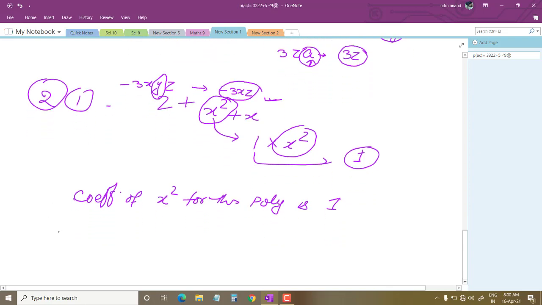Question number 2 is 2 minus x square plus x cube. Again we have to write the coefficient of x square in this polynomial. Firstly we observe where x square is written. This is the term for x square. Now we have to decide the coefficient of this x square.